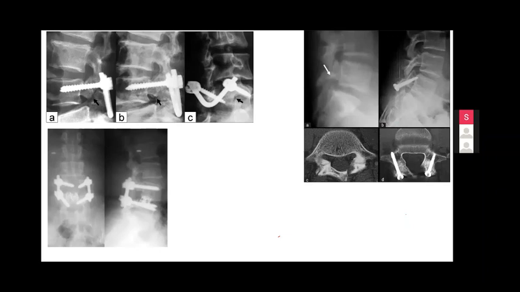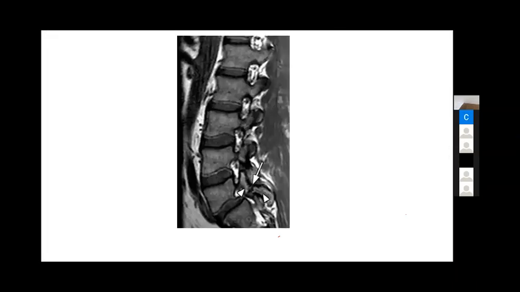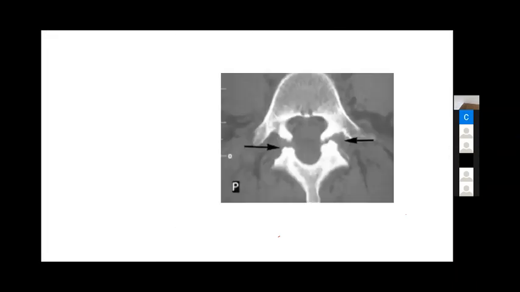Any questions? Sir, regarding the dynamic views of X-rays that we take, if we suspect a spinal trauma, isn't it better to avoid the dynamic views? Dynamic views are useful if you are doubtful about the stability.